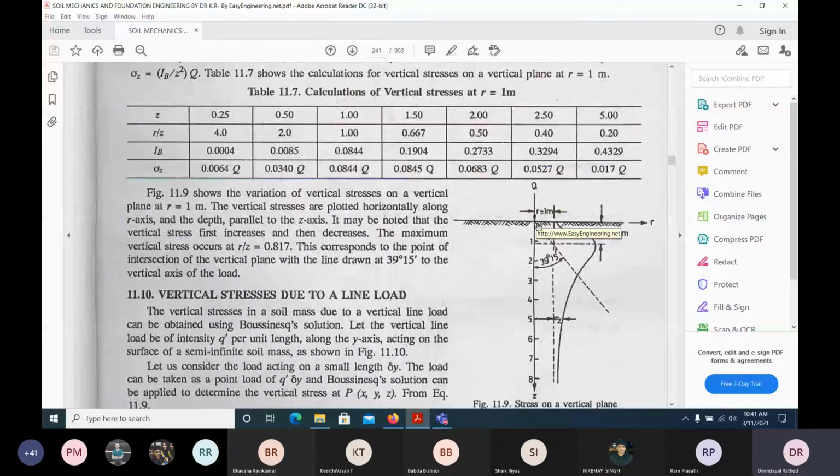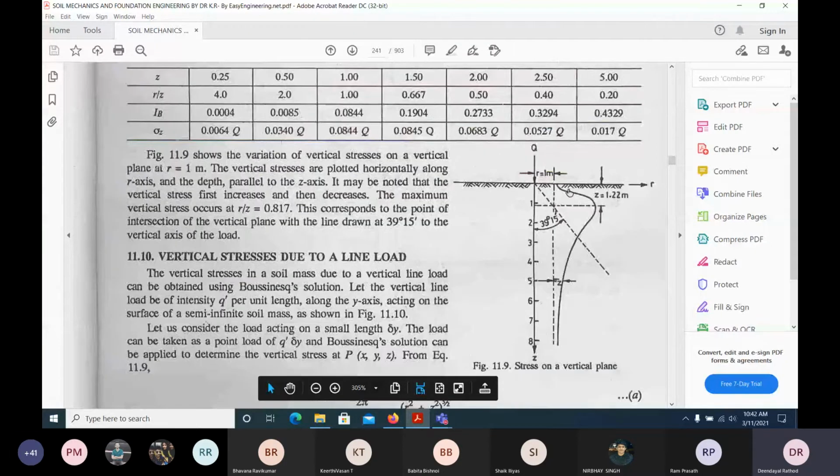Likewise, at a distance of 1 meter it can be maximum here, and then the stresses will slowly reduce and continue like this. We cannot say what distance, but it would continue like this. Likewise, you can plot the vertical stress on a horizontal plane, and the vertical stress on a vertical plane also we can calculate.